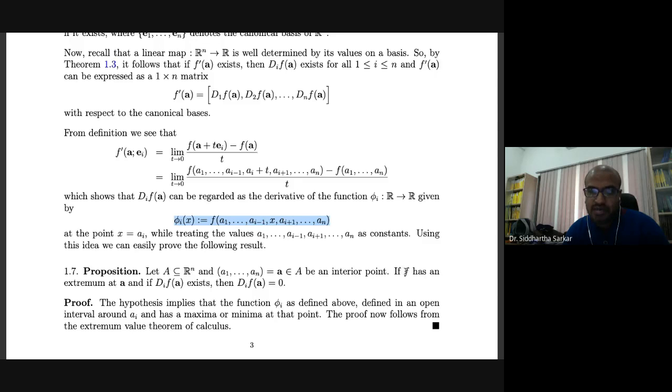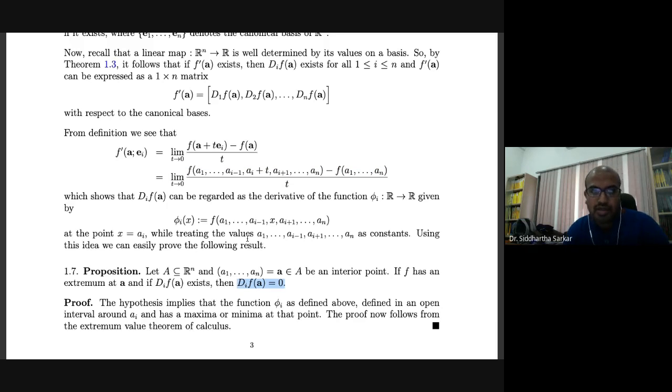Now the assumption says f has an extremum at a, which tells you that the one variable function has an extremum at a. And there is an extremum value theorem from calculus, which immediately tells you that the derivative of the one variable function should vanish at that point. But the derivative of this one variable function is nothing but this particular value, which is your DiF(a). So that should vanish.